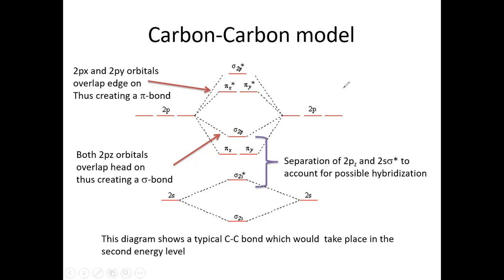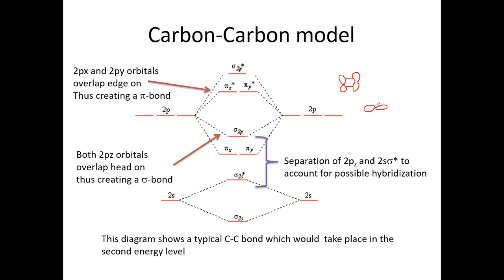So if I have a p here, you have to excuse my drawing because I'm drawing with my mouse pad. This is what is meant by edge: the edge here and the edge here are going to overlap. For the sigma 2p, that would be head on.